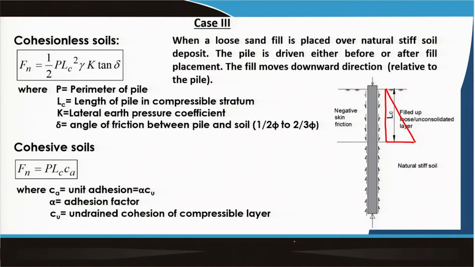But if clay is placed over the soil and the undrained properties are available, then you can use this condition. But if the drained properties are not available, only then you can use it; otherwise you should use the drained properties.